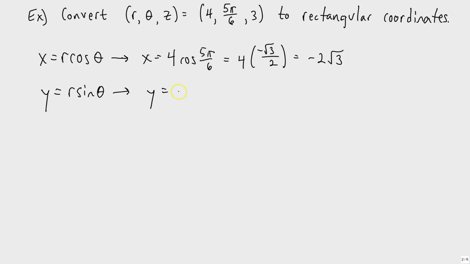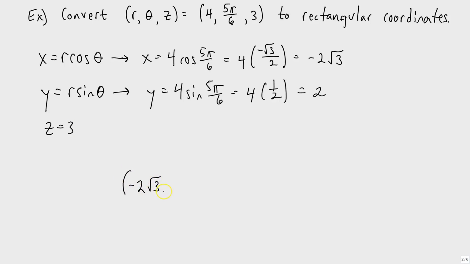So Y would be 4 times sine 5 pi over 6, which would be 4 times a half, which would be 2. And then Z is 3. It's just the same in both representations. So we get negative 2 principal square root of 3, positive 2, 3.